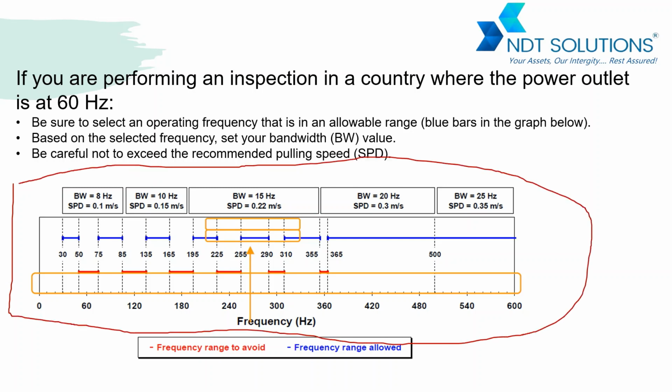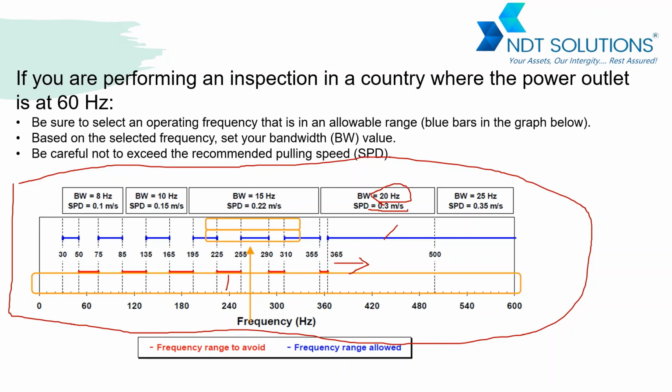The blue lines show the allowable frequency, and the red lines show the not allowable frequency. Let us suppose our center frequency comes in the range after 365 Hz. What should our bandwidth be? Our bandwidth should be 25 Hz, and our pulling speed should be 0.3 meter per second.